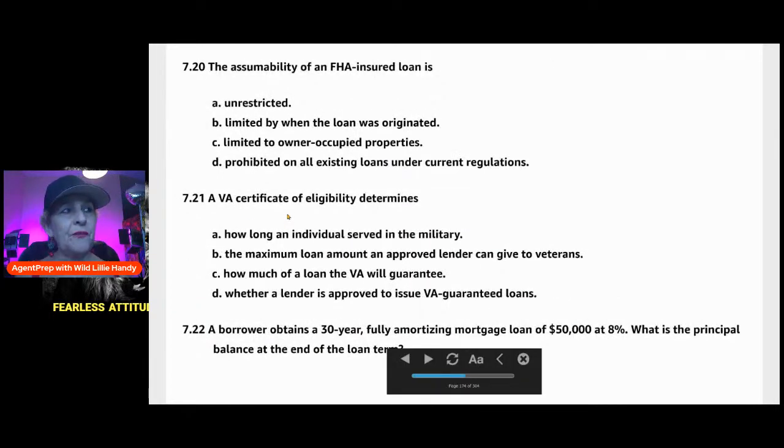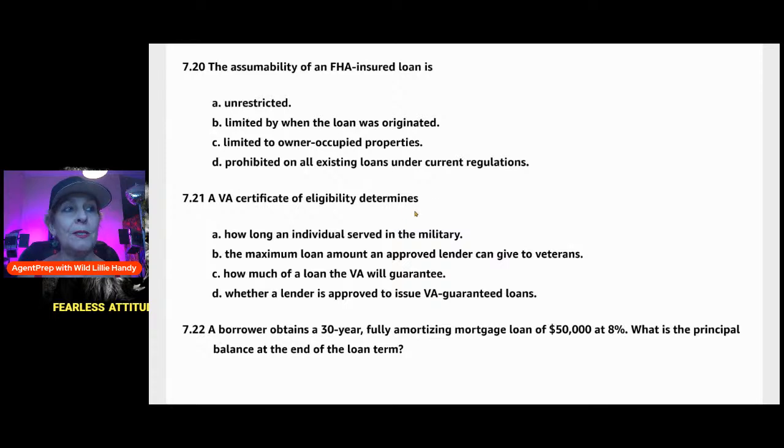A VA certificate of eligibility determines what? So first of all, it's for veterans, right? A, how long an individual served in the military. B, the maximum loan amount an approved lender can give to veterans. C, how much of a loan the VA will guarantee.